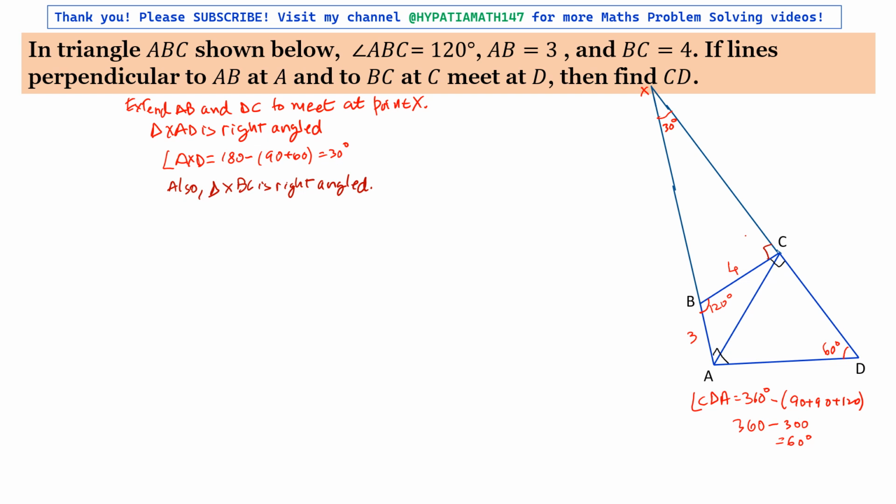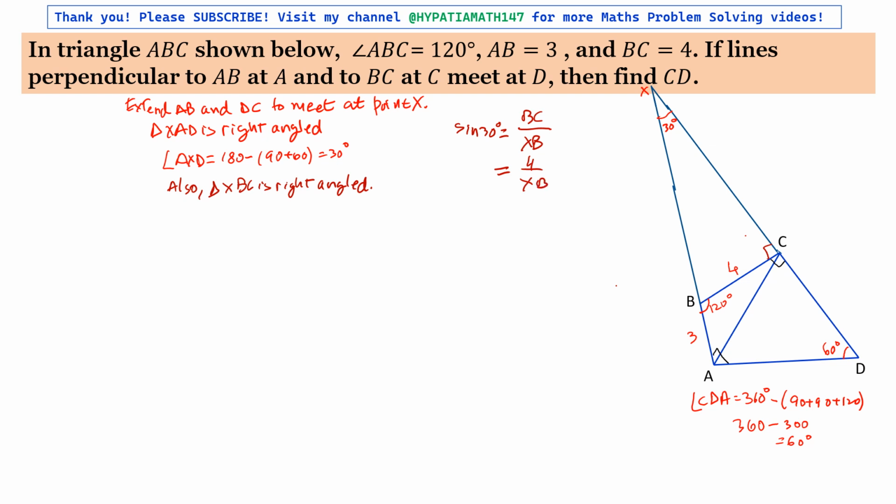XB is the hypotenuse, and then we can say sine 30 is opposite divided by the hypotenuse. So sine 30 equals BC out of XB, and that would equal 4 out of XB.